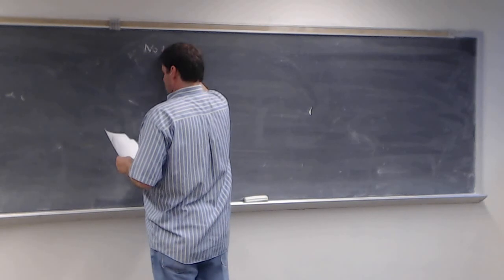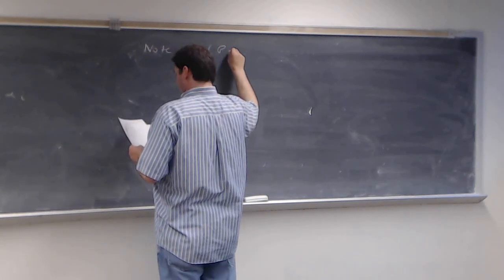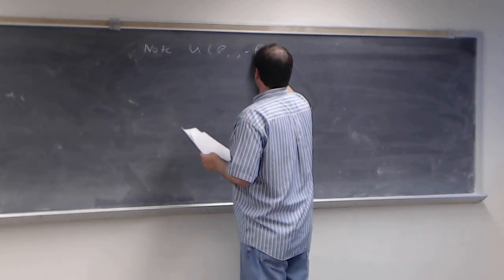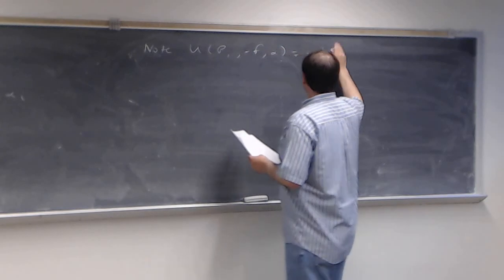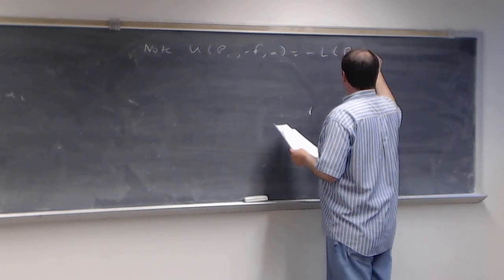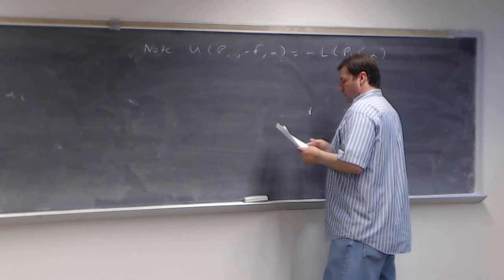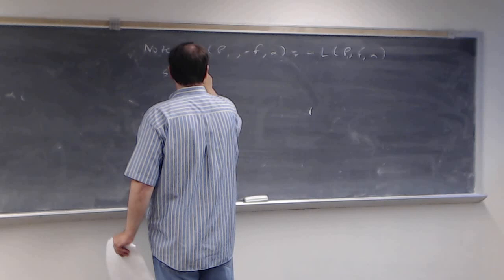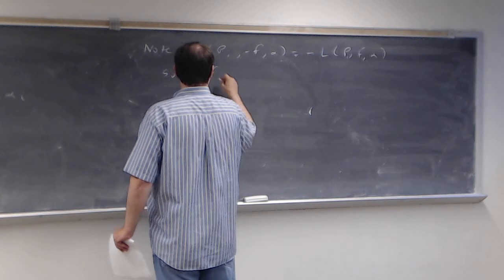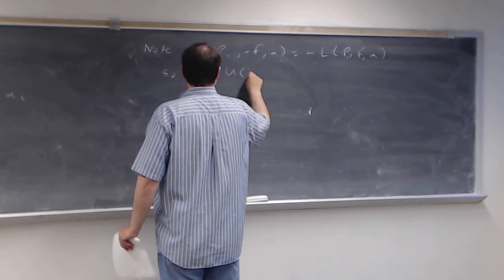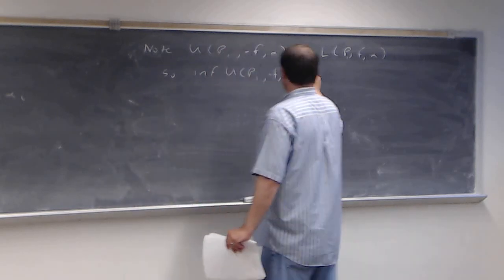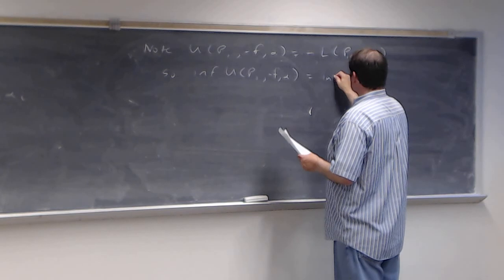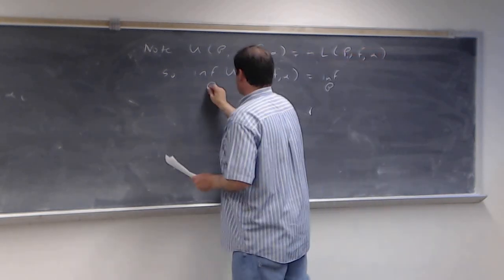Now, we know the upper sum of P sub 1 with minus f and α is equal to minus the lower sum of P sub 1 with f and α. So the infimum of this will be equal to the infimum, and this is over all partitions here.